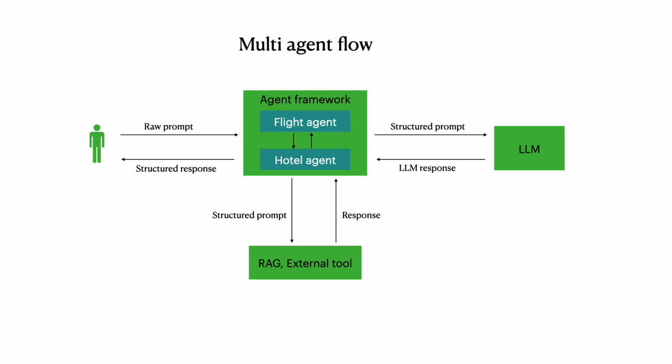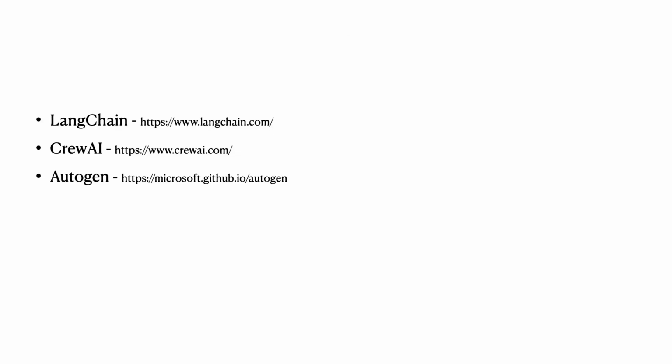So now you can see we can create a simple agent, we can create an agent with RAG and external tools, and we can build a complex agent where we have multiple agents working on a particular goal. This kind of functionality we can achieve through some agent frameworks.